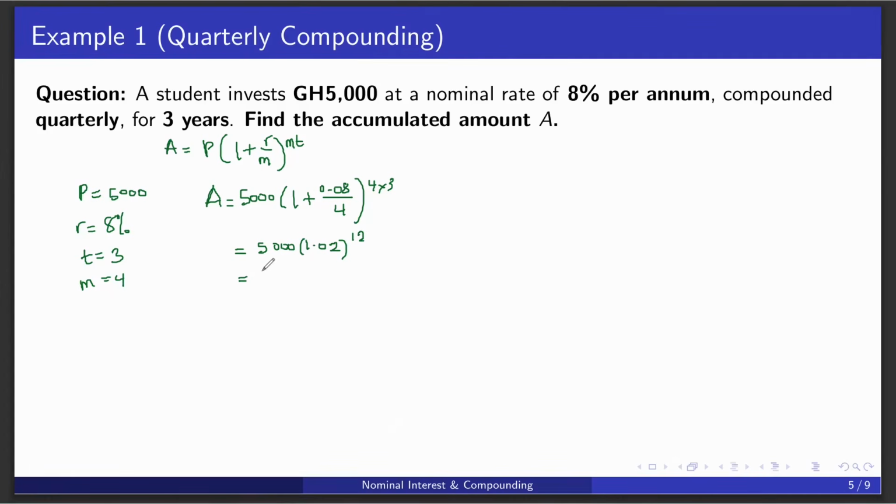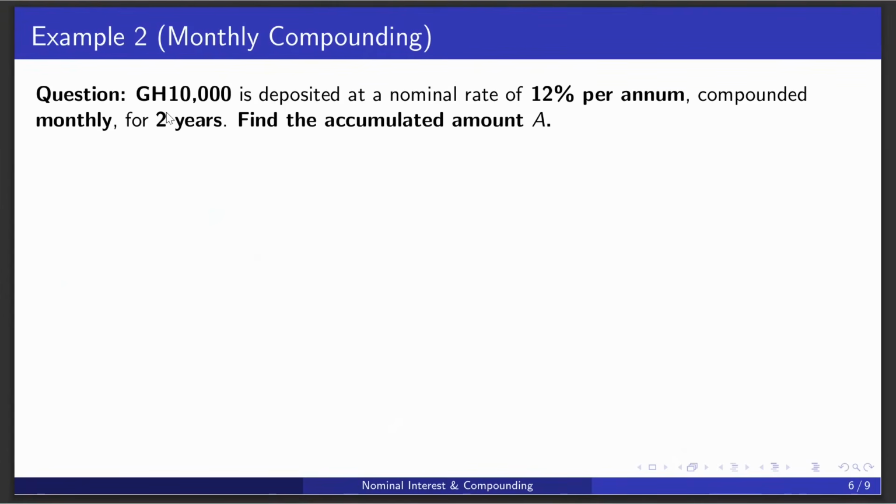This proceeds to give us a final answer of 6,341.21, leaving it in two decimal places. Therefore, the accumulated amount after 3 years of investing 5,000 at 8% per annum compounded quarterly is 6,341.21.